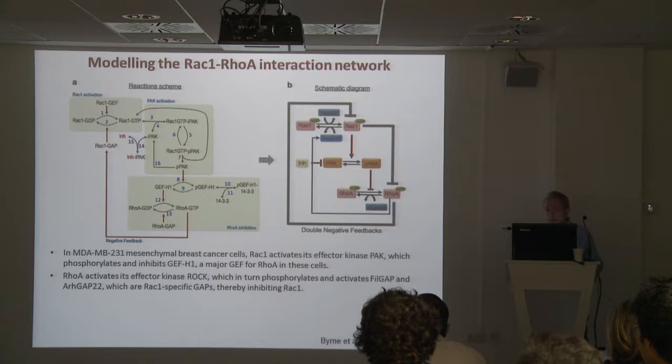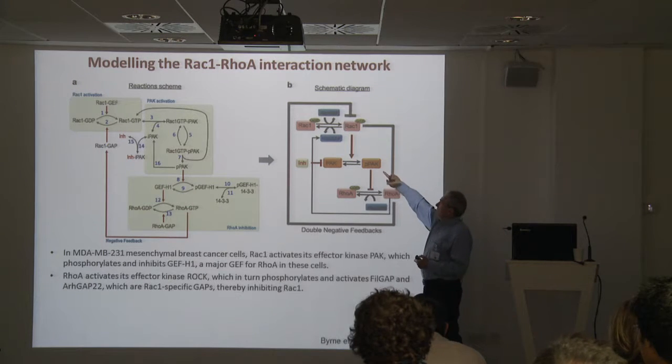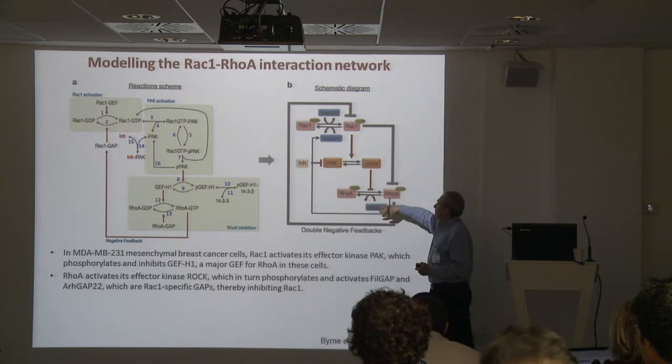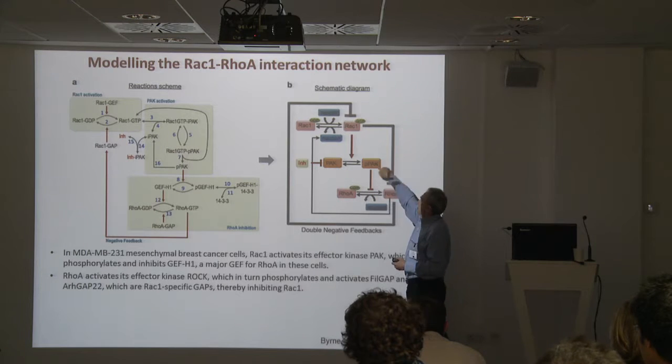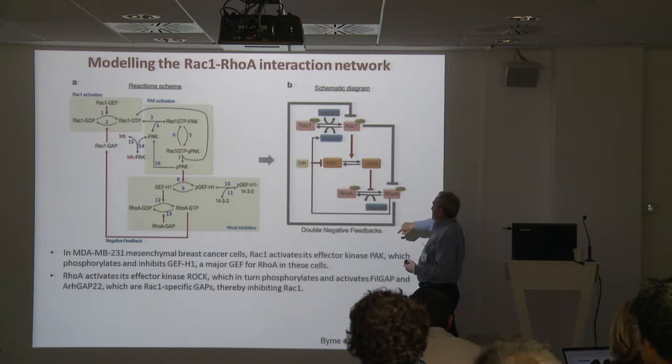So we made a simple model of this system. This model includes the transitions of RAC and RHO, and also the RAC effector, called PAK kinase, and this PAK kinase inhibits the GEF for RHOA, and this is why you have this inhibitory relationship.